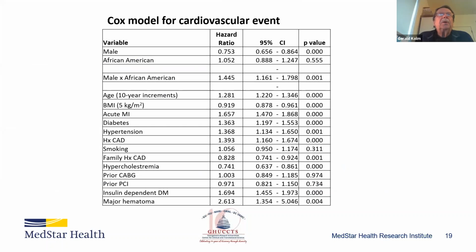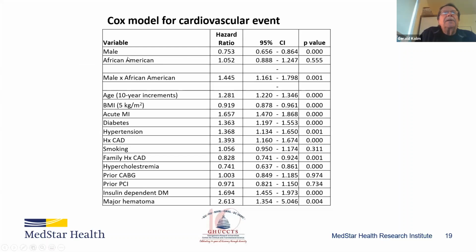In our analysis here, we have our hazard ratios, their 95% confidence intervals, and then a p-value. So, for example, the way we would interpret this: female is the reference group, so when the hazard ratio is 0.75 for males, that means the hazard for males was 25% less than it was for females.